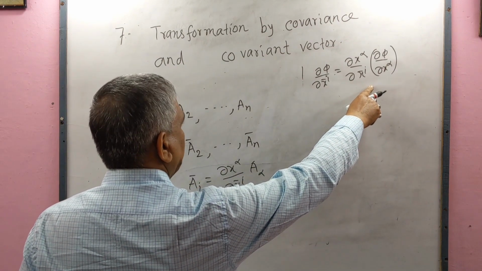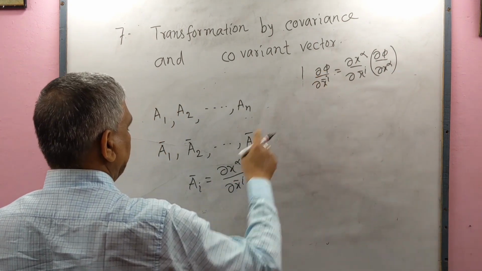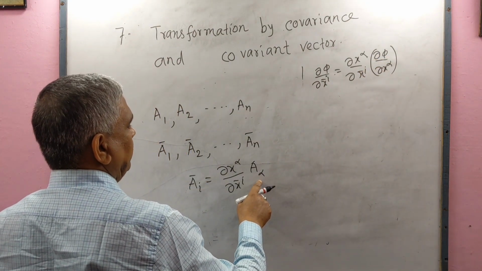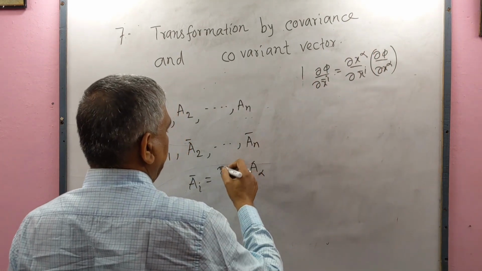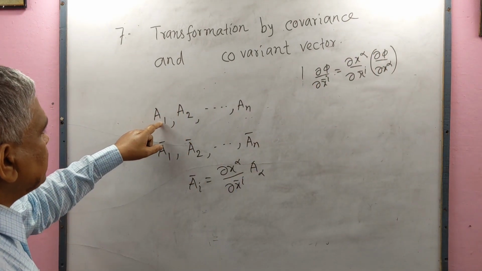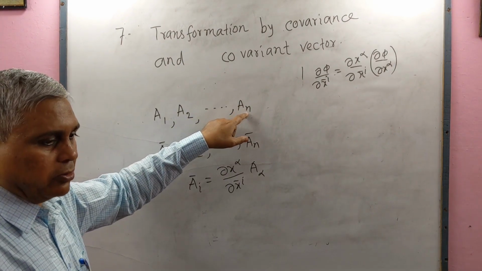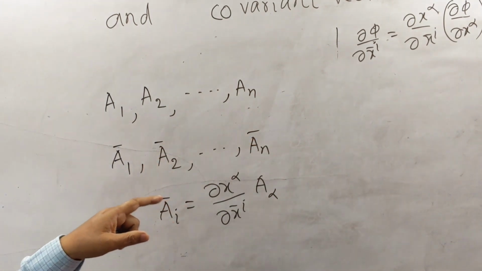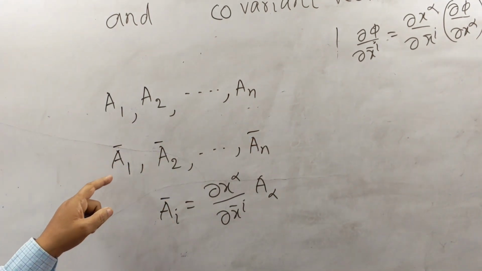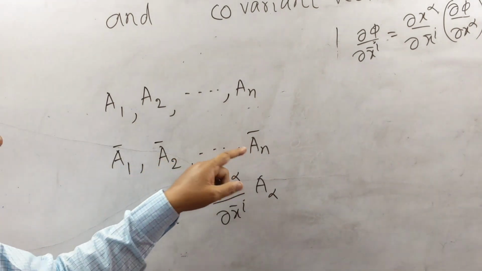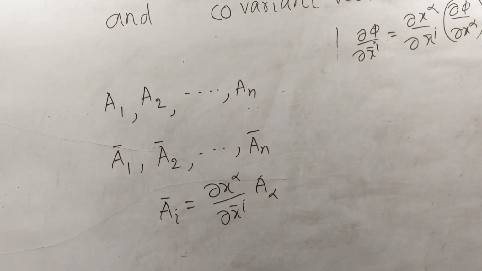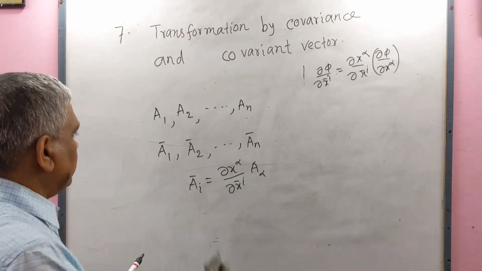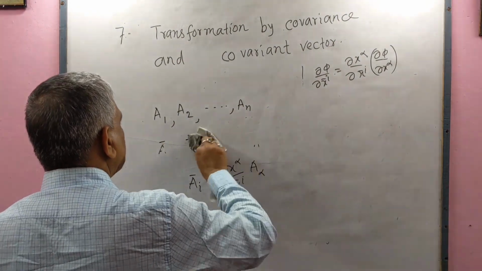Similar to this, in place of del phi by del x bar i we have a bar i, and in place of del phi by del x alpha we have a alpha, and this partial derivative is the same. Then the components a1, a2, ..., an are called components of a covariant vector in the x system of coordinates, and a bar 1, a bar 2, ..., a bar n are called components of a covariant vector in the x bar system of coordinates.